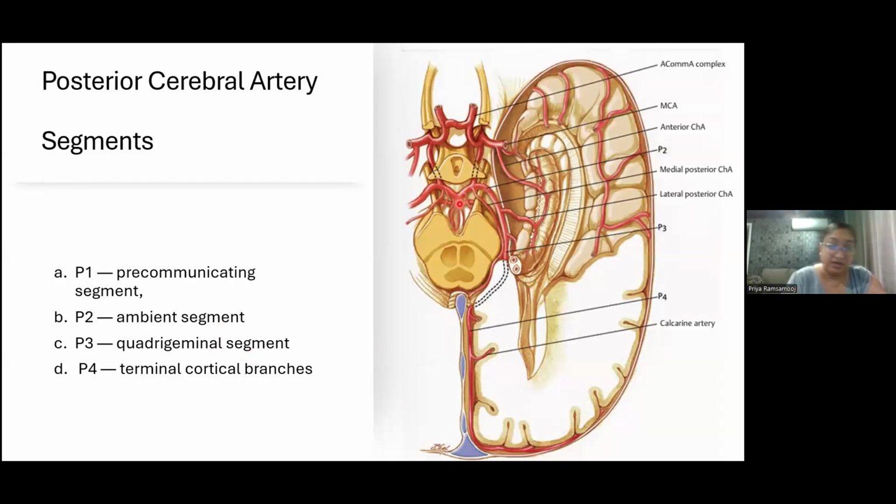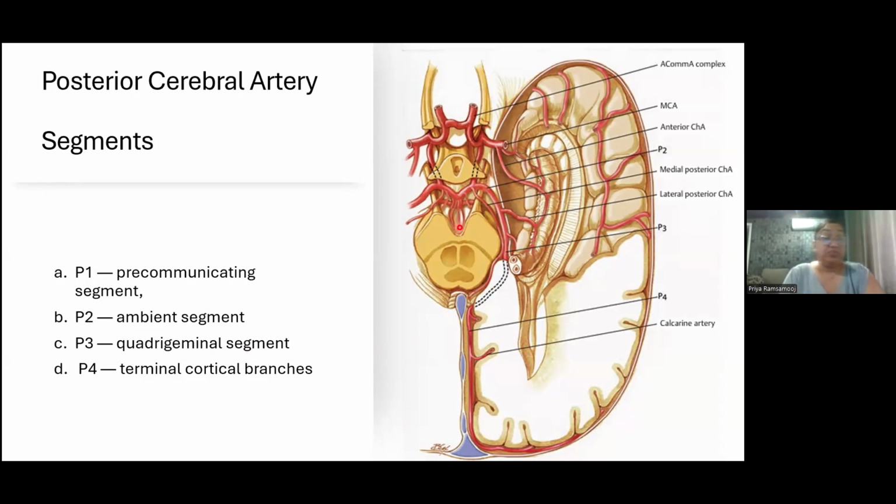So terminal branch, which we're going to start right here, as you can see, basilar, posterior, right? So pre-communicating, in essence, this is P1, it's going to extend from the tip of the basilar artery to the PCOM origin. And this PCOM origin is exactly where this dotted line is coming to that you can see that's joining the anterior and the posterior circulation, right?